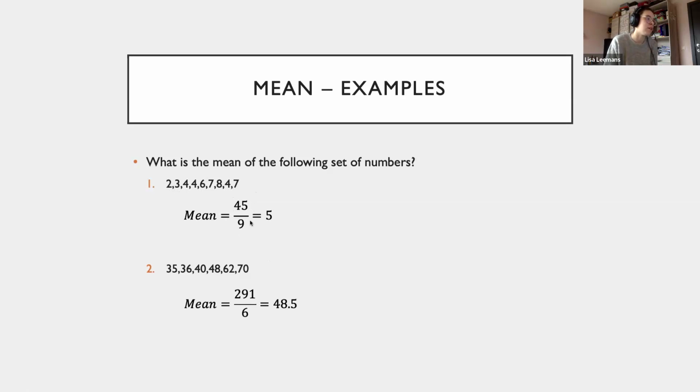And for the other exercise, we also added all those numbers up, which gives you 291, I'm sorry, divided by 6 because we have 6 data points, and that gives us the 48.5. So very nicely done by everyone that put the solutions in the chat. That was great calculation. So you figured out how to calculate the mean.